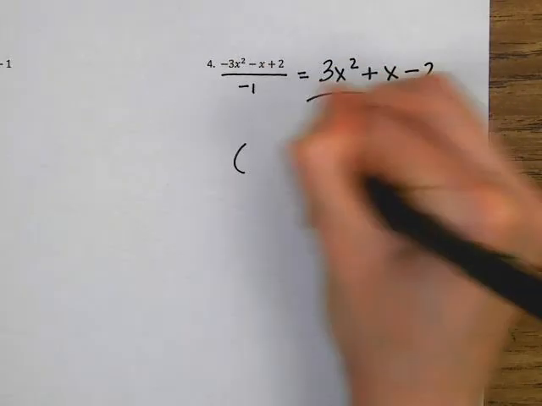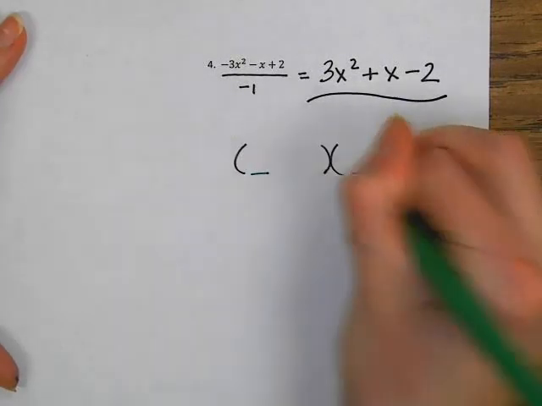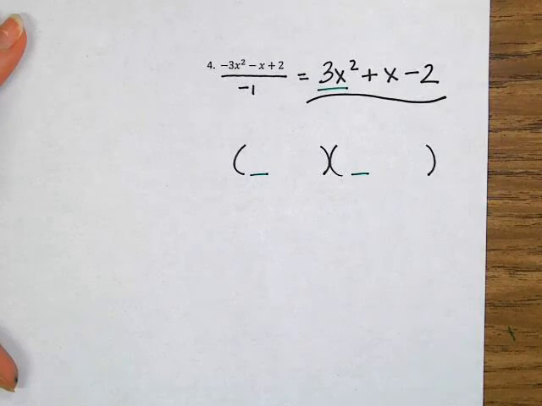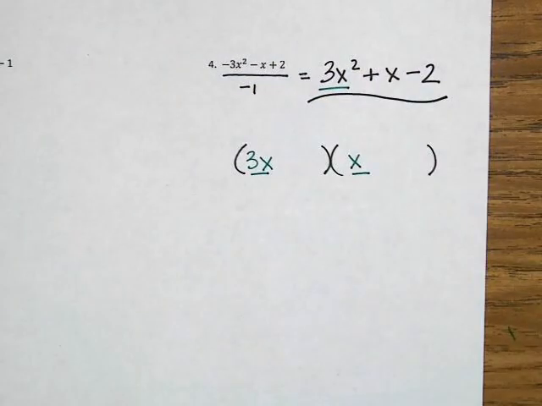So draw your parentheses, and I would try it on your own without listening to me. Okay, so we need to get 3x squared. So what goes here and what goes here to get 3x squared? And you would hopefully say 3x and 1x. Okay, everyone's got that part down.